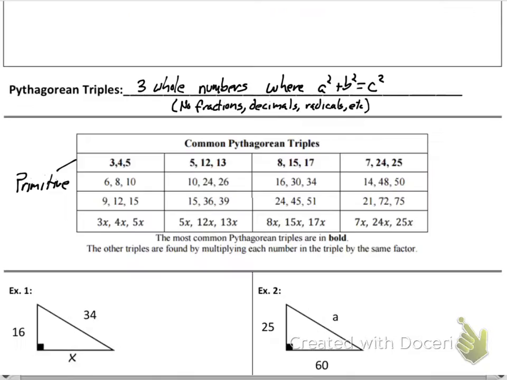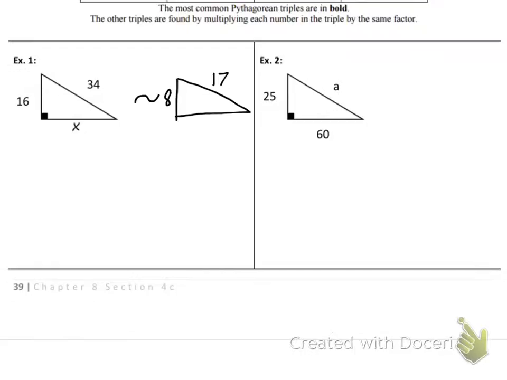That tells me I can look at the primitives, 17, 8, and my missing side on that one is going to be 15. Well, 2 times 17 is 34, 2 times 8 is 16, and 2 times 15 is going to equal that 30.